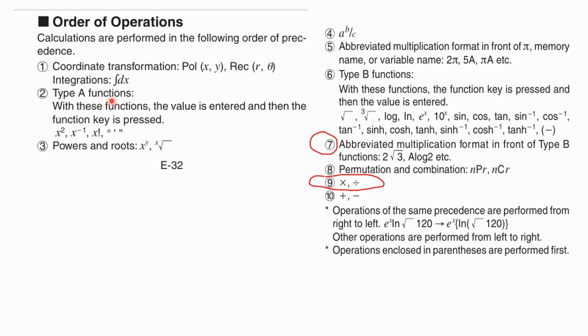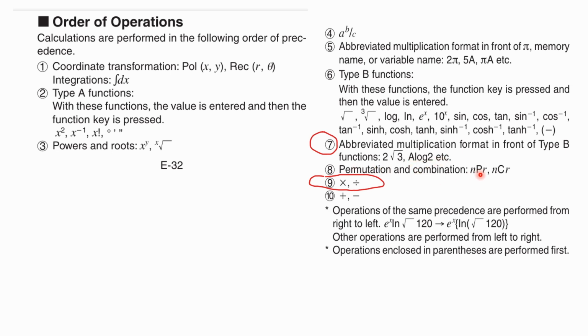Number 2, type A functions is what they call it, things like exponents. Then they've got powers and roots. They're breaking this down a lot more granularly than just PEMDAS, I guess. But when you get down here to step 7, you have abbreviated multiplication in front of type B functions, things like 2 times the square root of 3 or a log 2, etc.